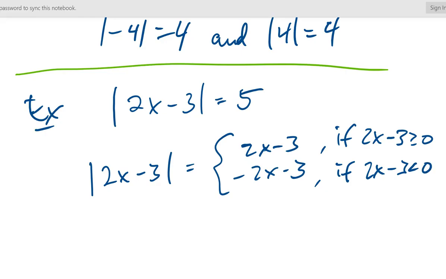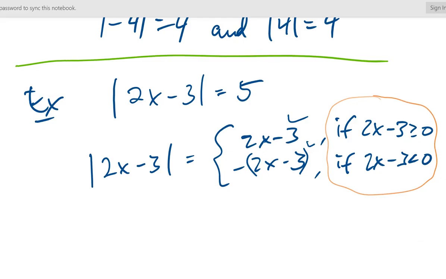Now, this piece right here, you don't have to worry about right now. Basically, I need to put parentheses around this. What you do is you pull out 2x minus 3 as positive here, and then as negative here. So it's one or the other.